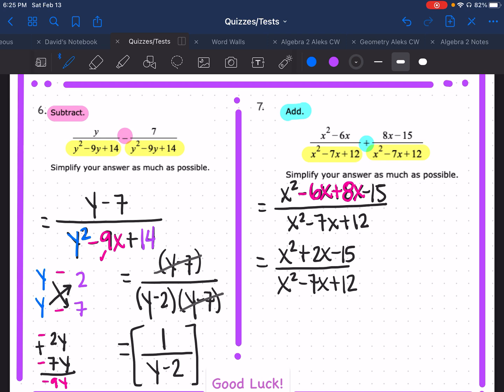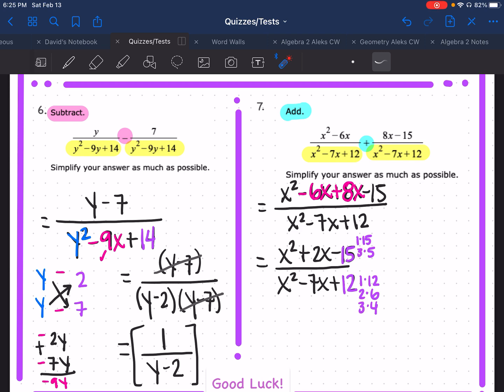Now my focus right now is going to be on the 15 and the 12. If I can find a common factor between 15 and 12, I'm going to have to go ahead and factor. So 15 is 1 times 15, and it's 3 times 5. 12 is 1 times 12, 2 times 6, and 3 times 4. There's my common factor, 3 and 3.